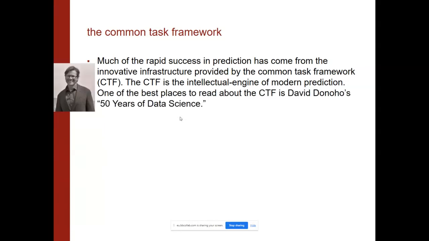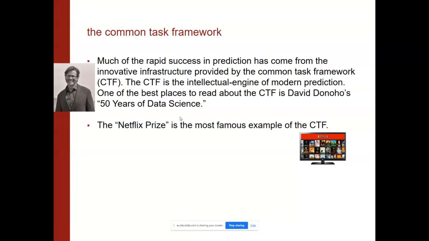If you haven't heard of the common task framework, David Donoho released an article a few years ago called 50 Years of Data Science. It was one of the first introductions to at least the statistics and data science communities of this common task framework. And it's still relatively unknown, but we find that people are starting to become more and more aware of it. So a good example is the Netflix Prize.